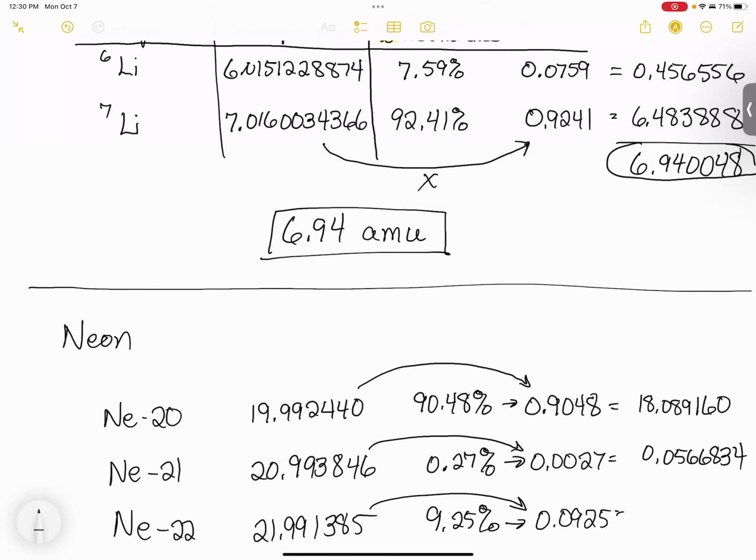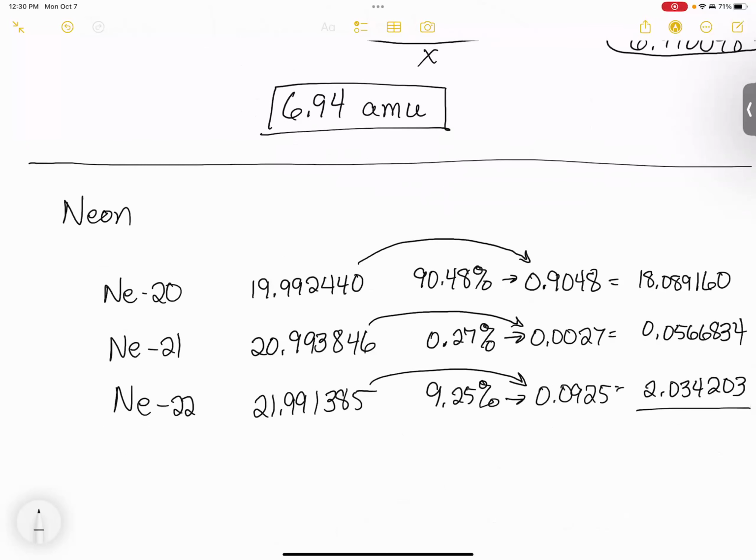And 21.991385 times 0.0925 is 2.034203. Add those together, and you get a value of 20.18 atomic mass units.